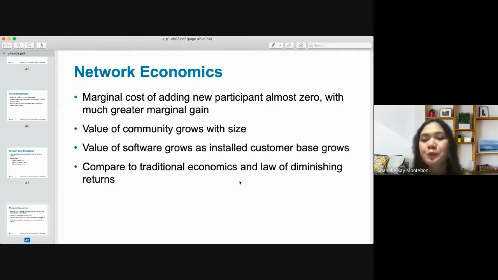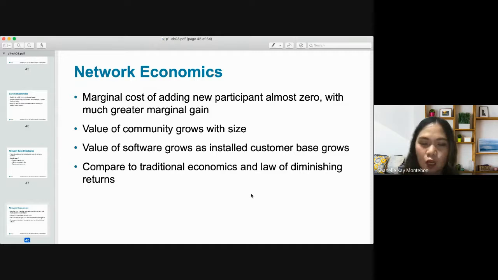So, di ba, sa law of diminishing returns, the more customers, it is believed na the lesser naman yung maprovide na efficiency and effectiveness ng isang company ng company's products and services. So network economics does not follow this idea. Kasi the example for this, for us to better understand it, is yung mga cable TV providers.